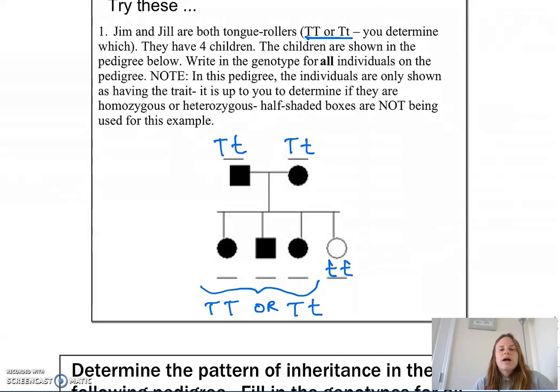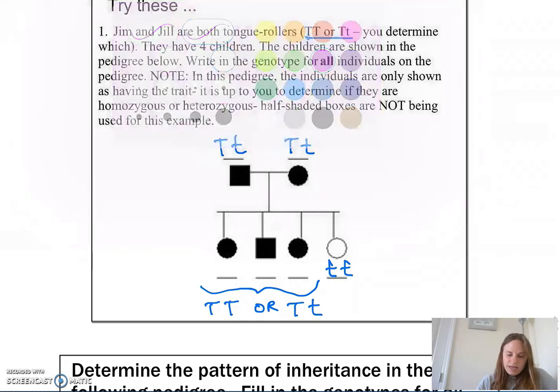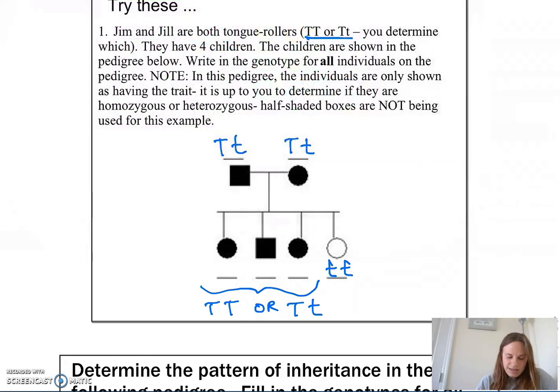If I were to try and make tongue rolling, having the ability to roll your tongue, recessive, then all of these colored in boxes would have the genotype of homozygous recessive.